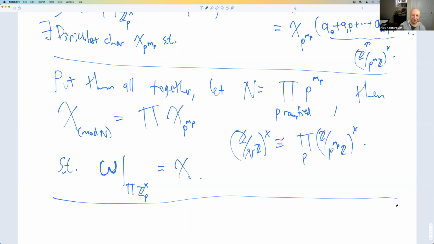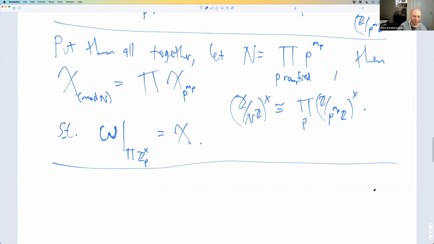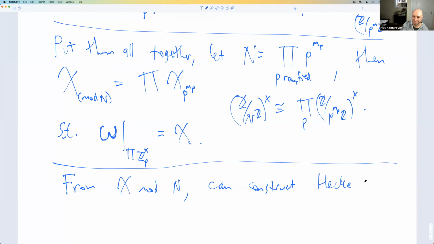So we've constructed, let's do this again. We can go from a Dirichlet character, a character chi mod N, and construct a Hecke character omega on the adeles.